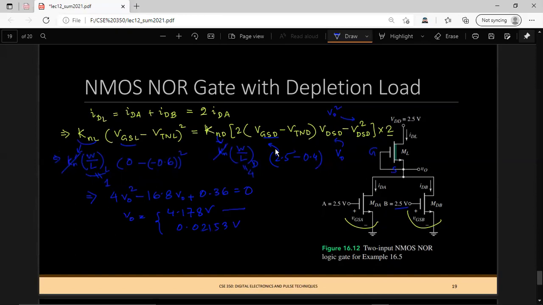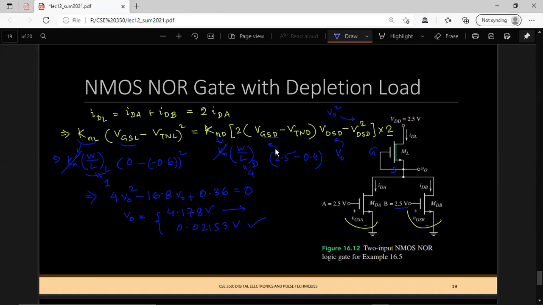The first shouldn't be the answer because it is higher than 2.5 volt, so the second should be the correct value. We can check whether this value satisfies the triode condition for MDA and MDB and the saturation condition for ML, but you can do that yourself.